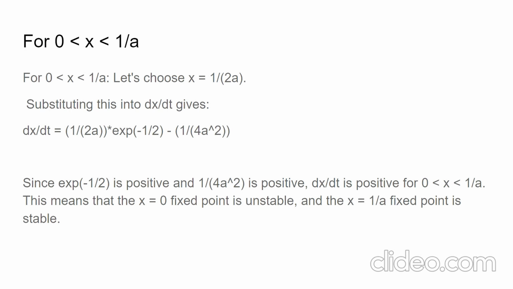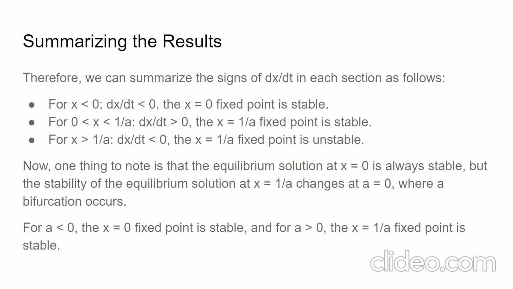So now that we've gotten our three areas here, let's summarize it. By summarizing our results, we can summarize the signs of dx/dt, our derivative, in each section as follows. For x less than 0, our derivative dx/dt is less than 0, and the x equals 0 fixed point is stable.